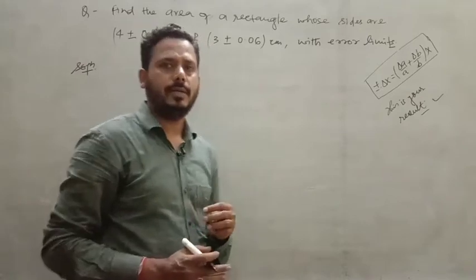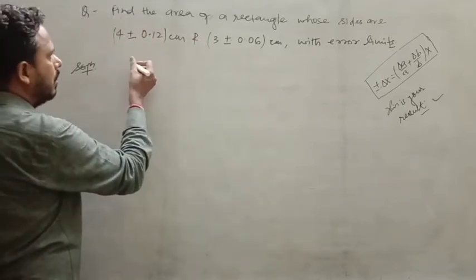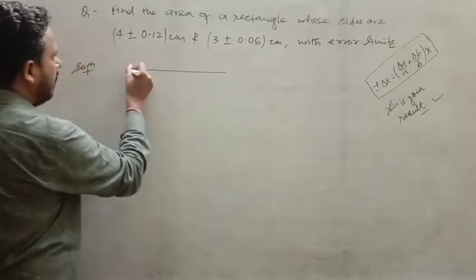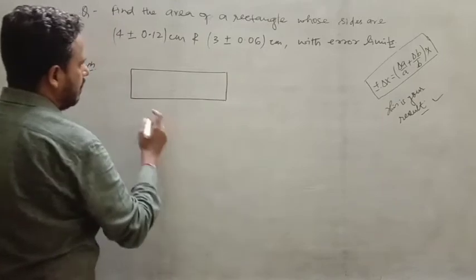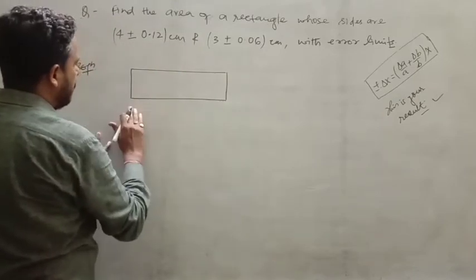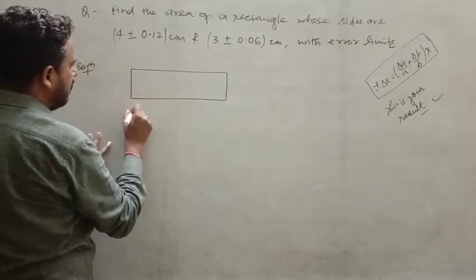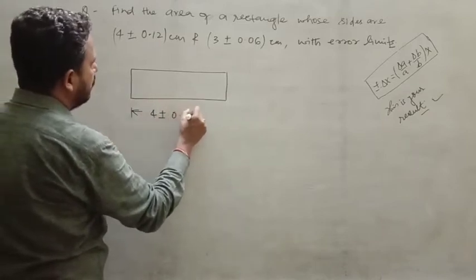So how you can implement? Simply you have to draw a rectangle. So see here, there is a rectangle. Its sides are given. This one is 4 plus minus 0.12 centimeter.